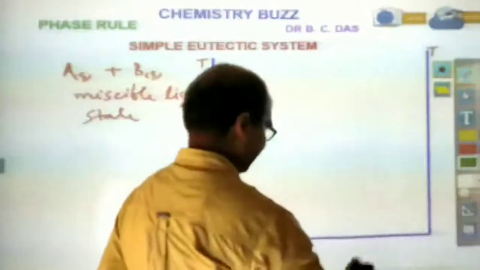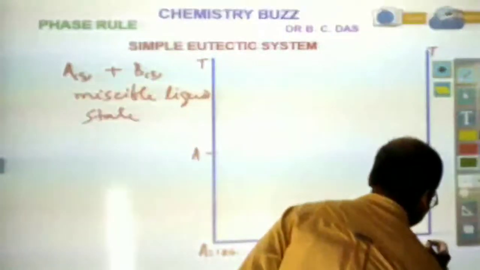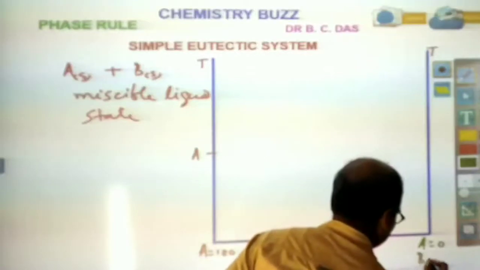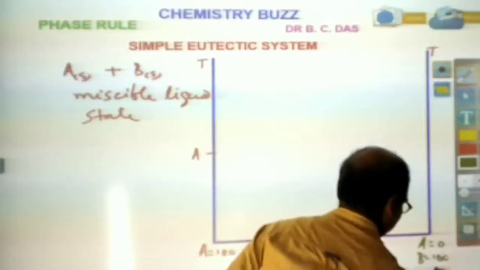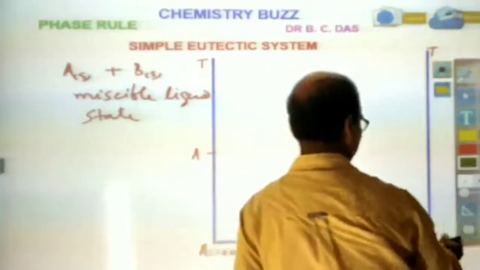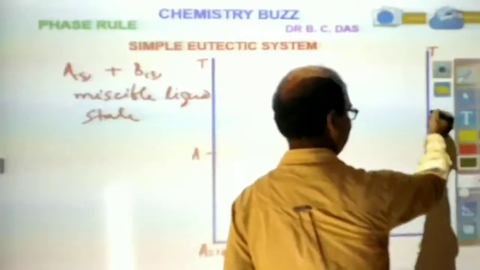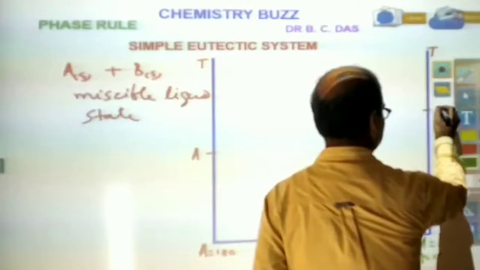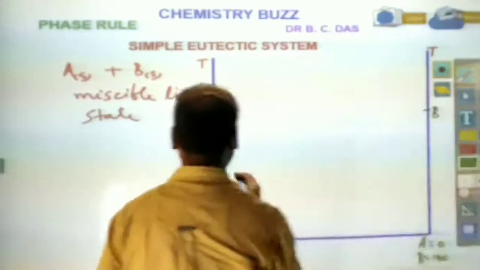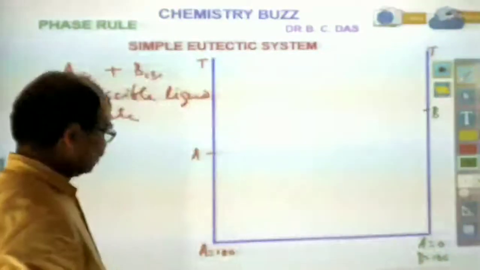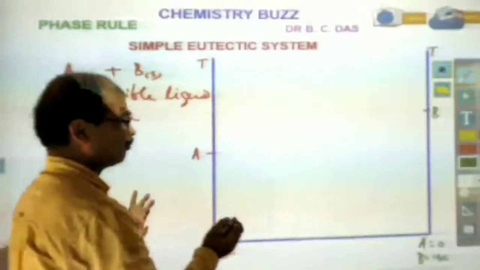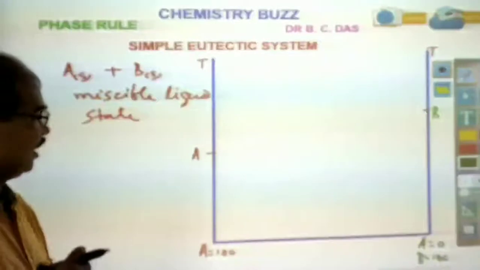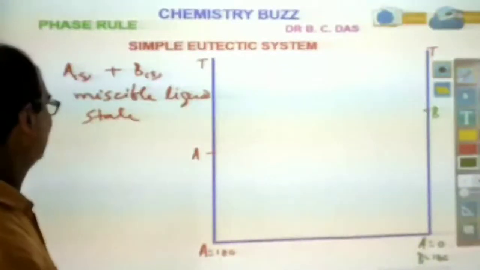And when A will be 0, B will be 100%. So when 100% B, that is pure B, say the melting point is somewhat here. Say this is B and this is A. And these two solids are miscible in liquid phase.